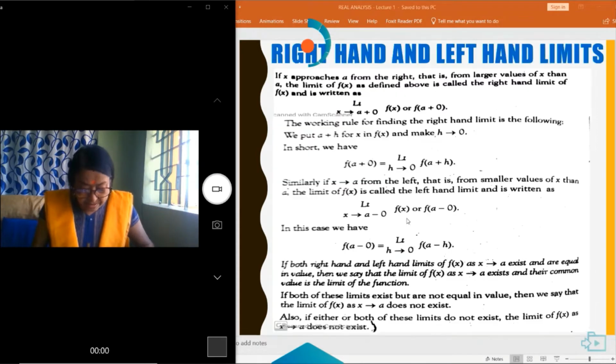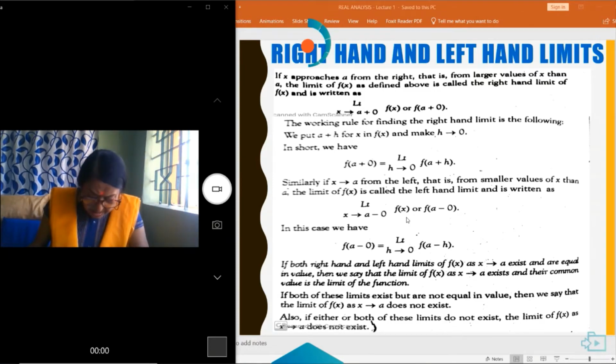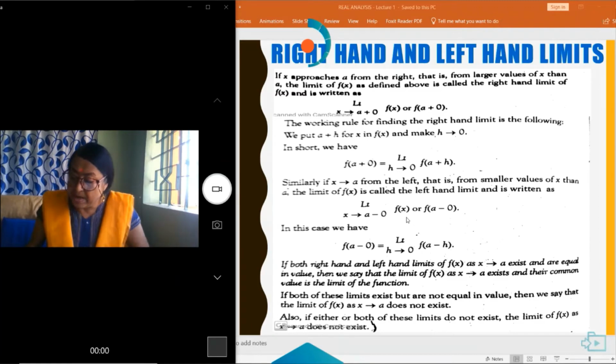Right and left hand limits. If x approaches a from the right, that is from a larger value of x, then the limit of f(x) as defined above is called the right hand limit of f(x), and we can write it as limit x tends to a plus 0 of f(x), or f(a plus 0), which is limit h tends to 0 of f(a plus h).